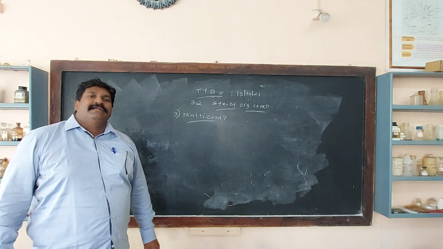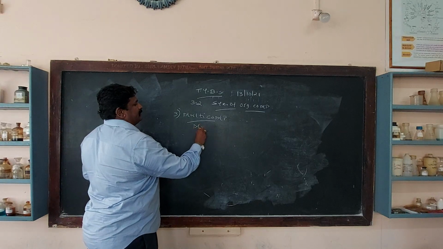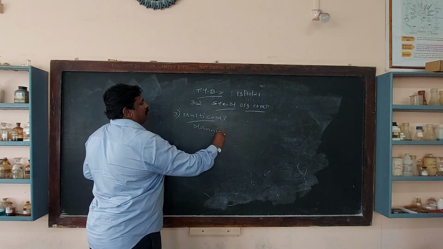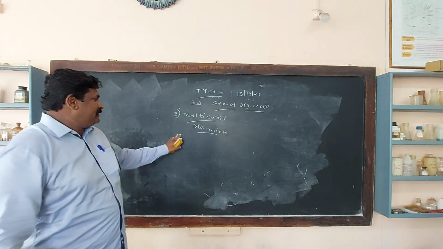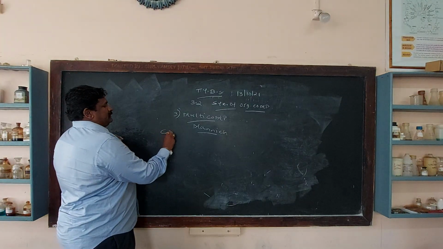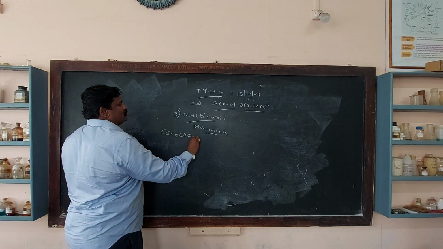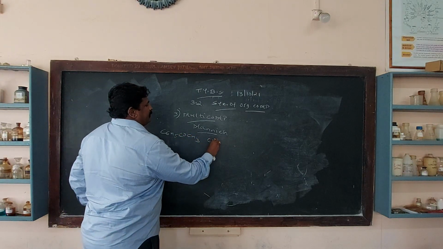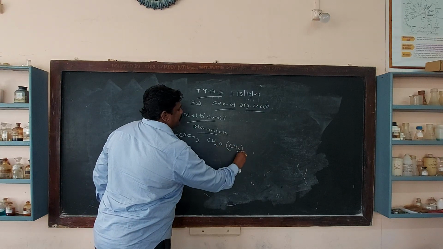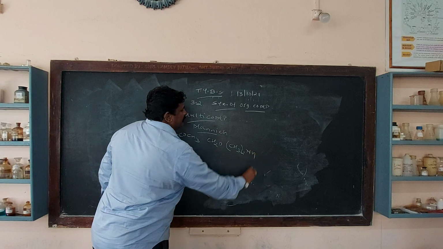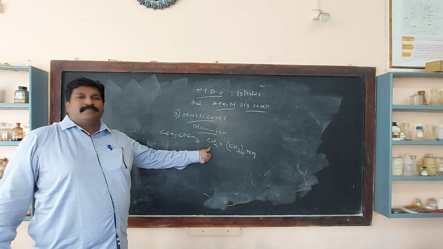Example of multi-component synthesis is the Mannich reaction. In this, three starting materials: C6H5COCH3, formaldehyde, and then dimethylamine. Okay, more than two starting materials.